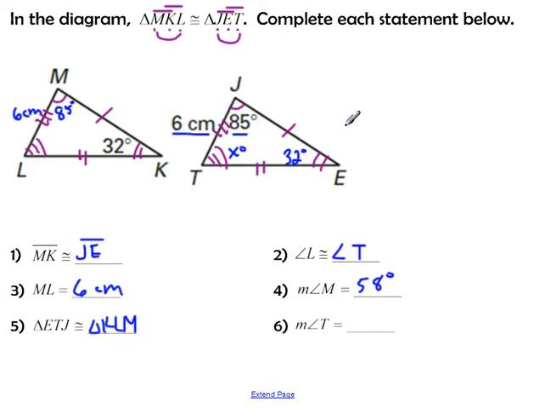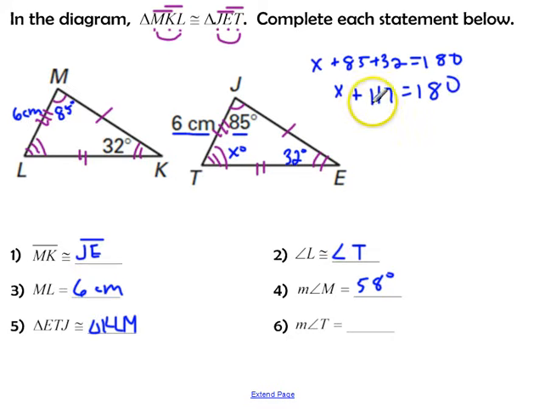And if you remember from our previous lessons, we know that the interior angles of a triangle add up to 180. So x plus 85 plus 32 equals 180. And all we need to do is solve that equation for x. So 85 plus 32, that's going to give us 117 plus x equals 180.